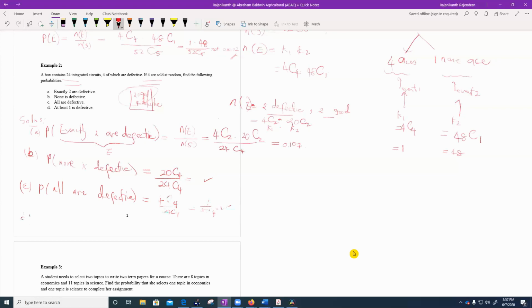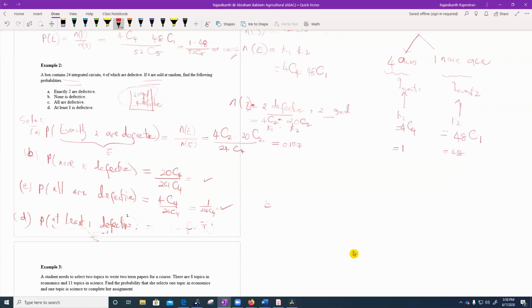And the last one, the probability of at least one defective. Okay, so remember, if you have "at least," using a complement is always going to be easy. So if this is your event E, I am changing that into a complement event E bar, right?